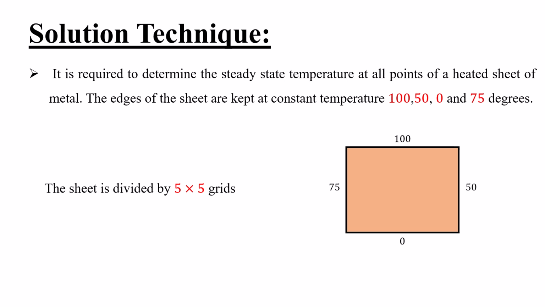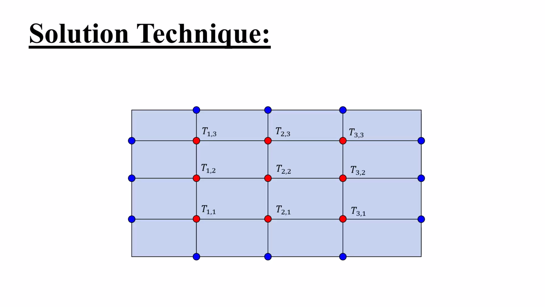What we did here is divide this grid into 5 by 5. In grid form, you can see there are boundaries here, and these are the points within the sheet that are unknown. So red points are unknown, blue points are known because they are at the boundary.